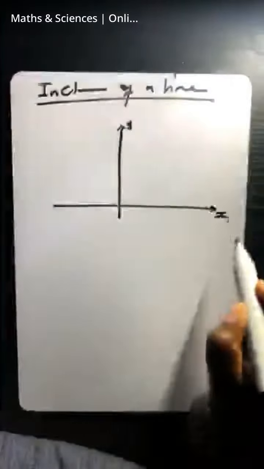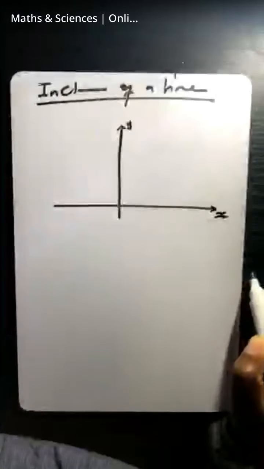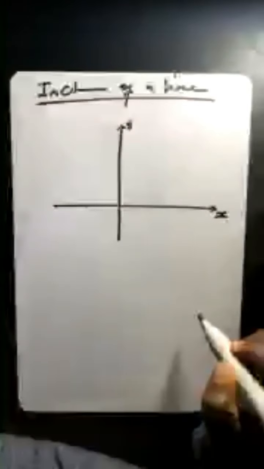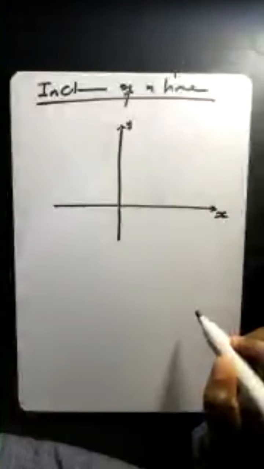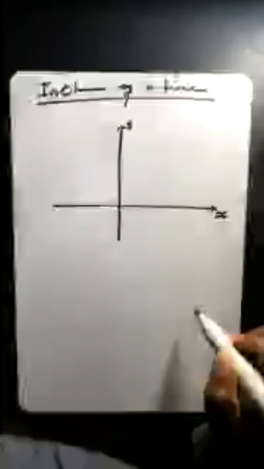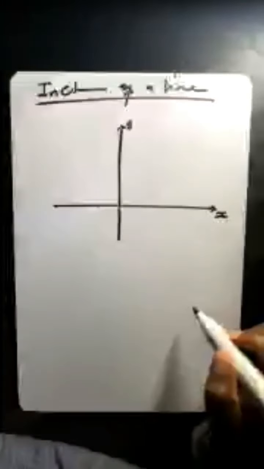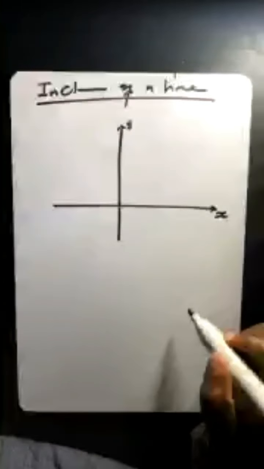So before you can do whatever, you must have a Cartesian plane if you want to explain a straight line, a parabola, hyperbola, exponential, or whatever function you might want to explain.